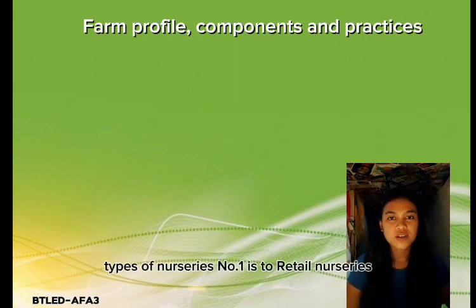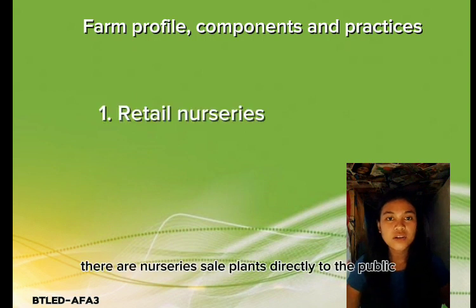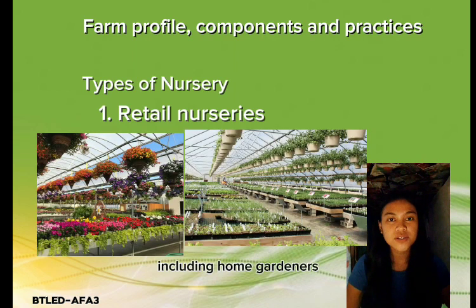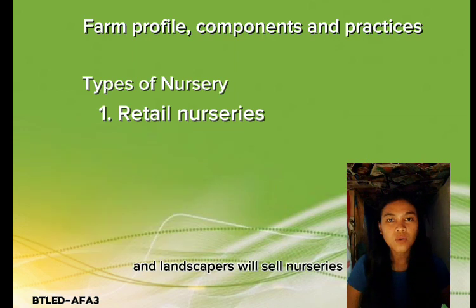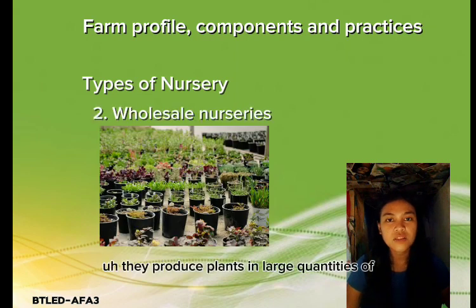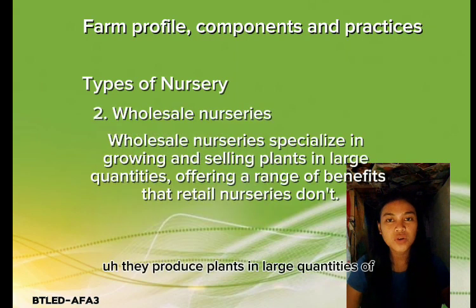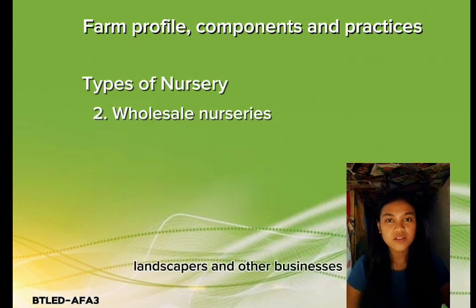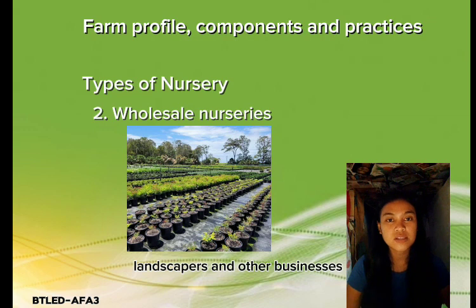Types of nurseries. Number one is retail nurseries. These nurseries sell plants directly to the public, including home gardeners and landscapers. Wholesale nurseries produce plants in large quantities for sale to retail nurseries, landscapers, and other businesses.